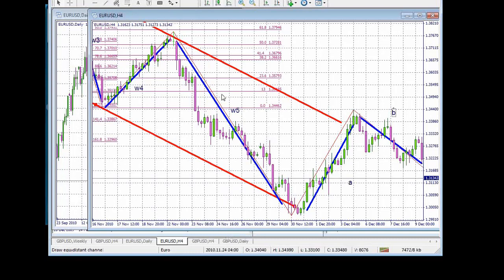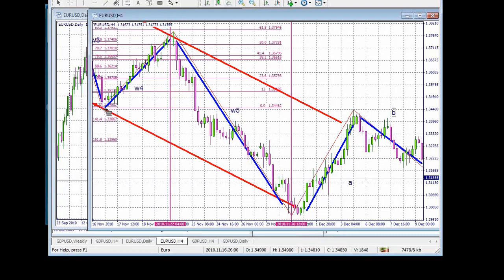Let's measure now this wave 5. Between those periods, between 20 November 2010 and the end of November 2010, we have this wave 5.